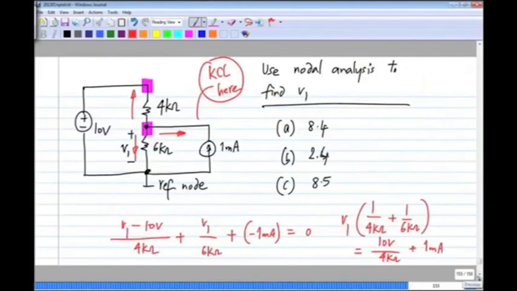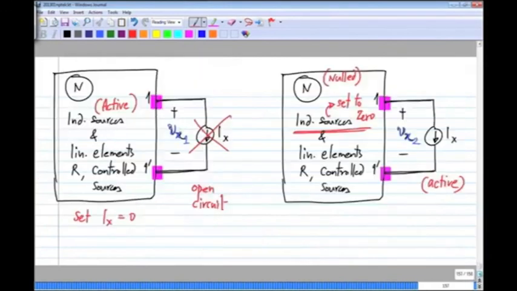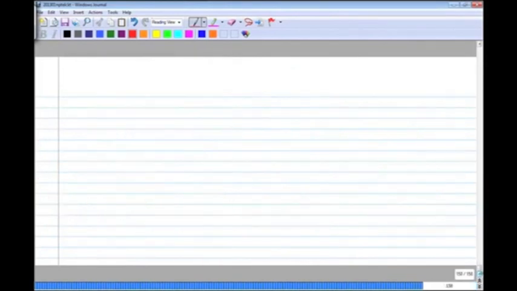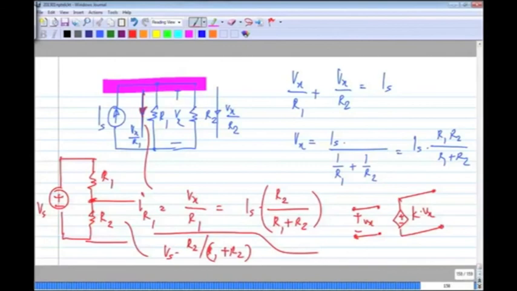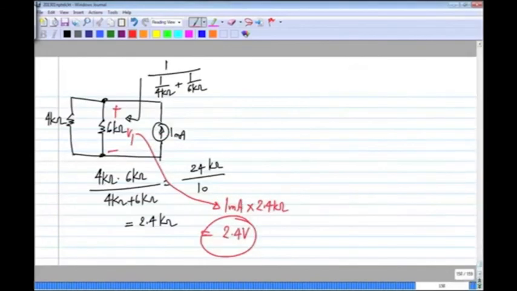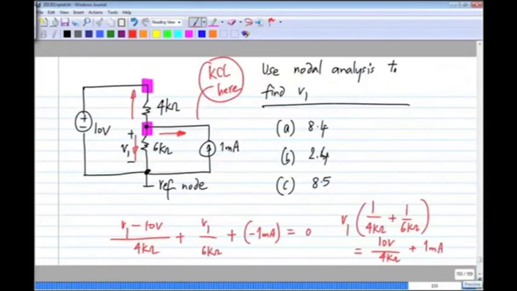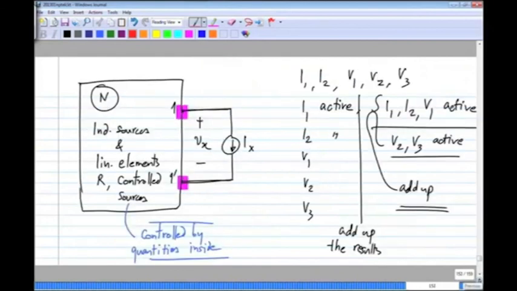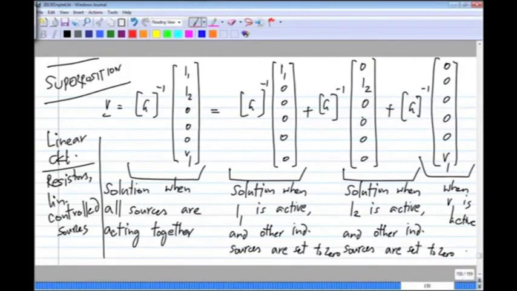And someone asked for the slide showing superposition. Yeah. So it's here. All that is saying is the source vector, which has many elements, can be thought of as sum of one element at a time. I1 here, I2 here, and V1 there. And there could have been more things.